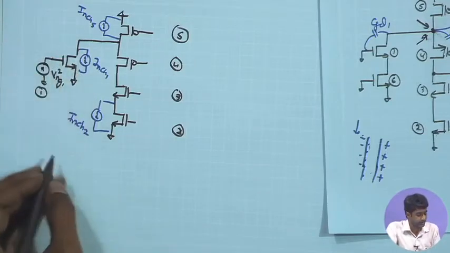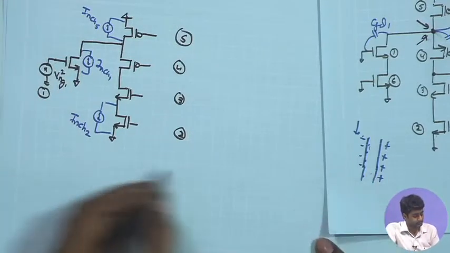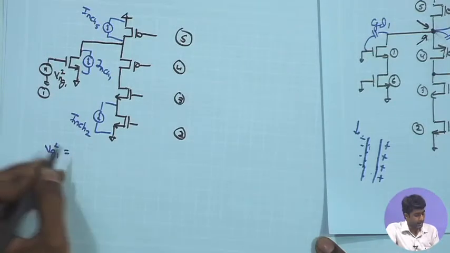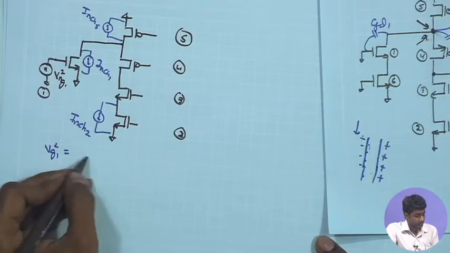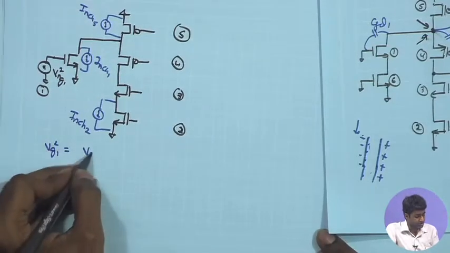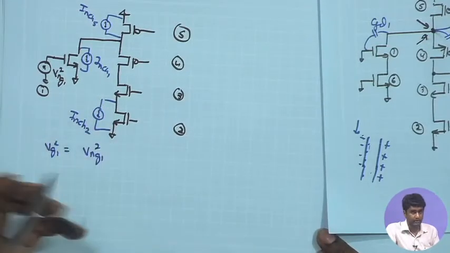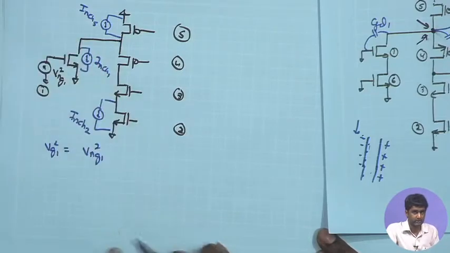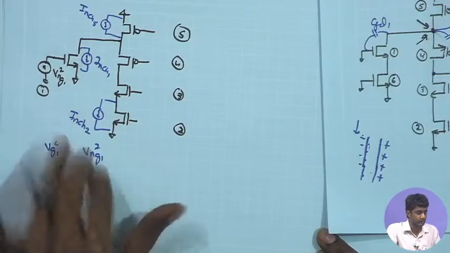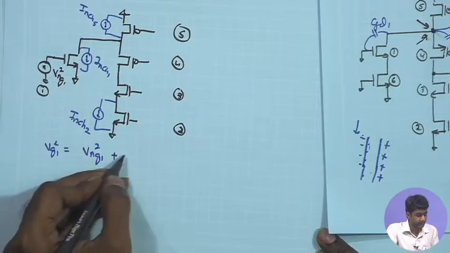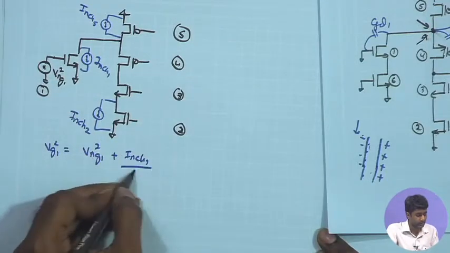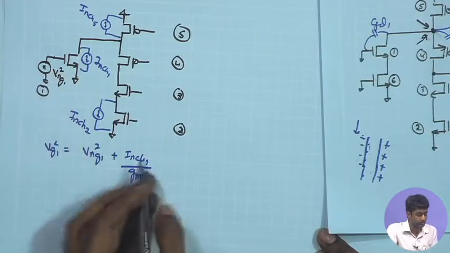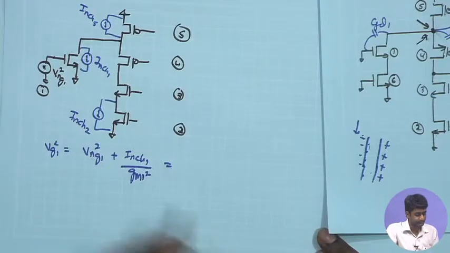For each of these I can write down the VG1 square as the VNG1 square, which is inherently because of the flicker noise, which is automatically modeled as a voltage source in series with the gate of the MOSFET. So, I do not need to do anything for that, but I have the second one, which is INCH1 square divided by GM1 square, and I can do this only if the source is grounded.